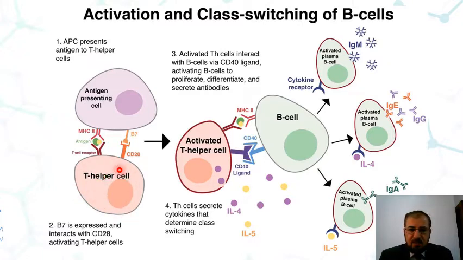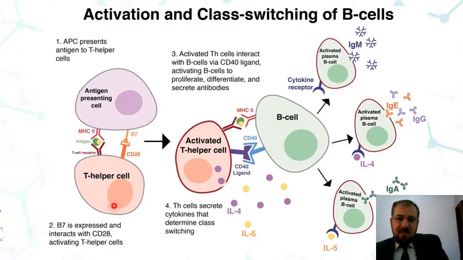Then, number 2, B7 is expressed and interacts with CD28, activating the T helper cell. These are co-receptors for activation of T helper cells. Then the T helper cell is activated.